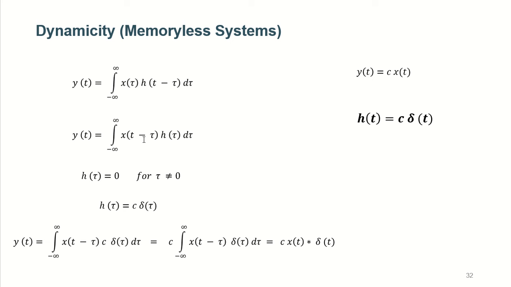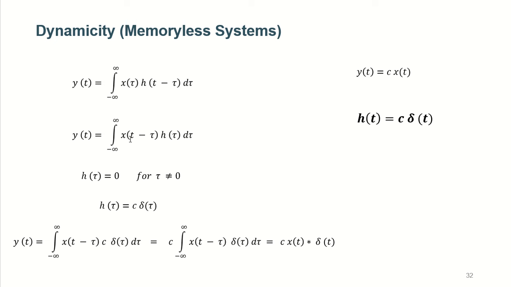But it is dependent on x of t only when the value of tau is equal to 0. If tau is any integer number, 1, 2, 3, 4, anything, then my y of t will be dependent on x of t minus 1 or x of t minus 2 or that particular value, right?